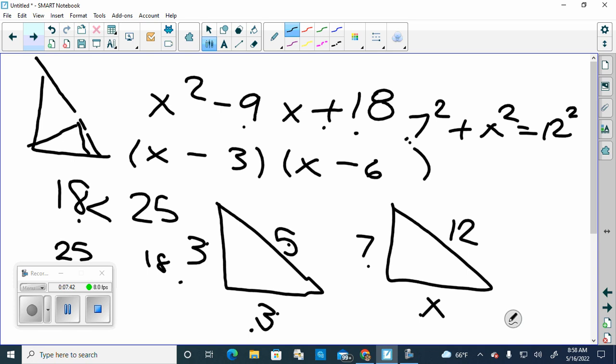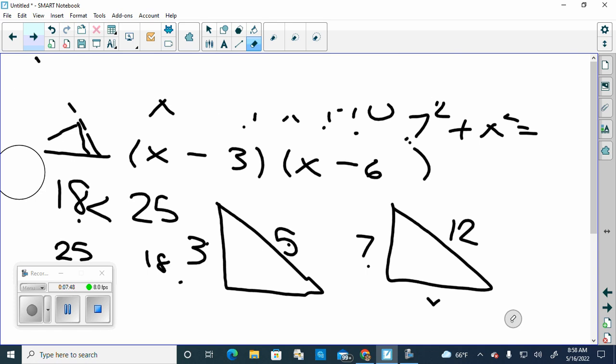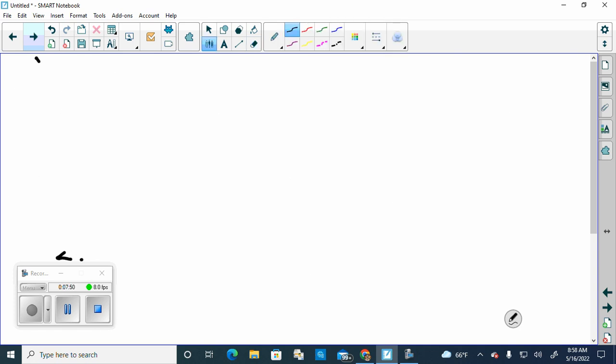Okay, segment addition postulate. They said let D be between E and F. This is a segment, so we know segments are straight.